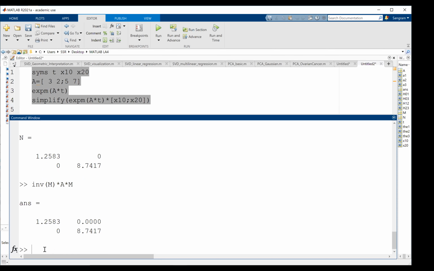Now, let me pose this problem slightly differently. So I'm going to start with this problem that I have a matrix. And before I deal with matrices, let me give you the physical problem.